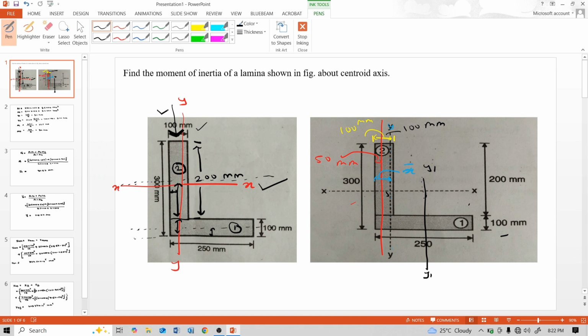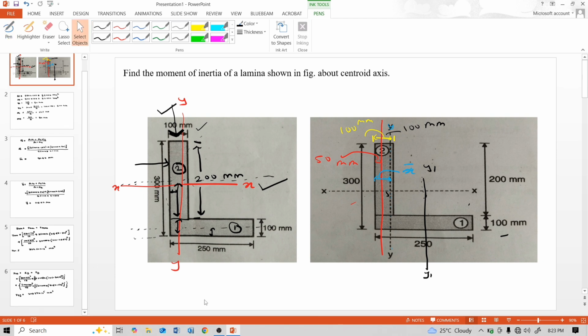Greater load we should apply from this side. For this Iyy axis, if we apply load perpendicular to Iyy from this side, then this L section deflects like this, but the vertical rectangle acts like a compression member. Thank you very much.